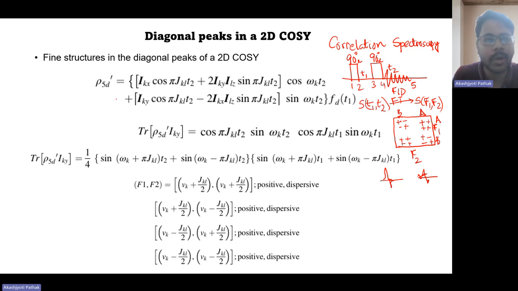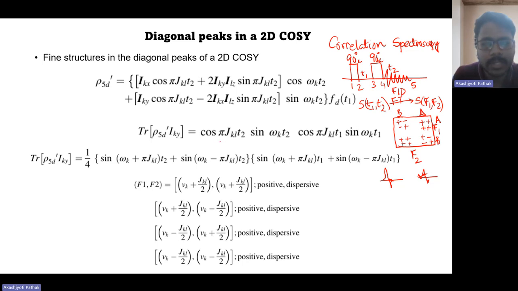After the fifth time point, for the density operator or the product operator, we get this expression. And then we get the observable if we take the trace of this rho 5d dash I ky. On solving this, we will get this equation.